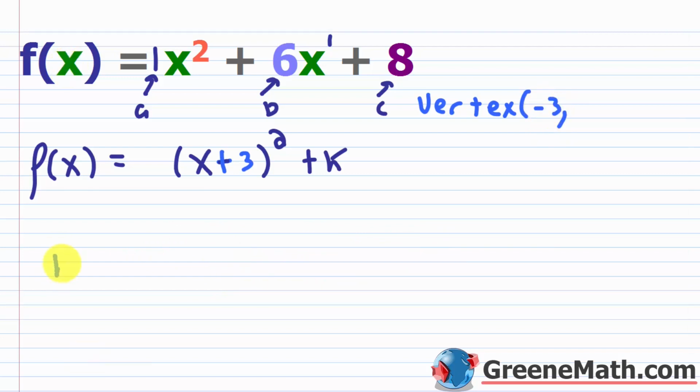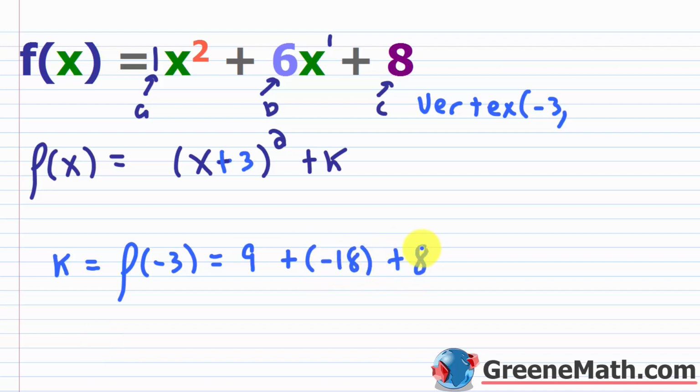In other words, k is going to be equal to f(-3). So we'd have x squared, so we'd plug in -3 there. (-3)^2 would be 9. And then plus 6 times -3, which would be -18. And then plus 8. Well, 9 plus 8 is 17. And 17 plus -18 is -1. So my vertex is going to occur at (-3, -1). So let's put minus 1 out here.